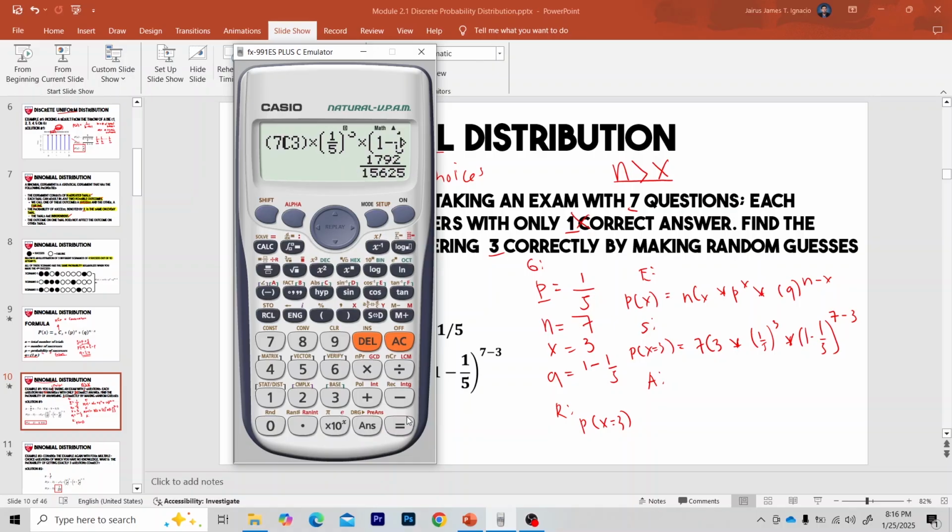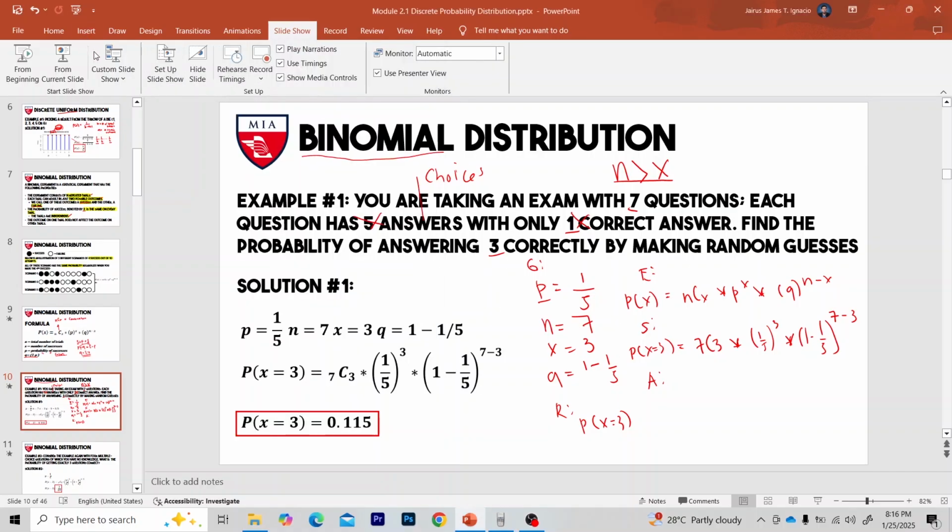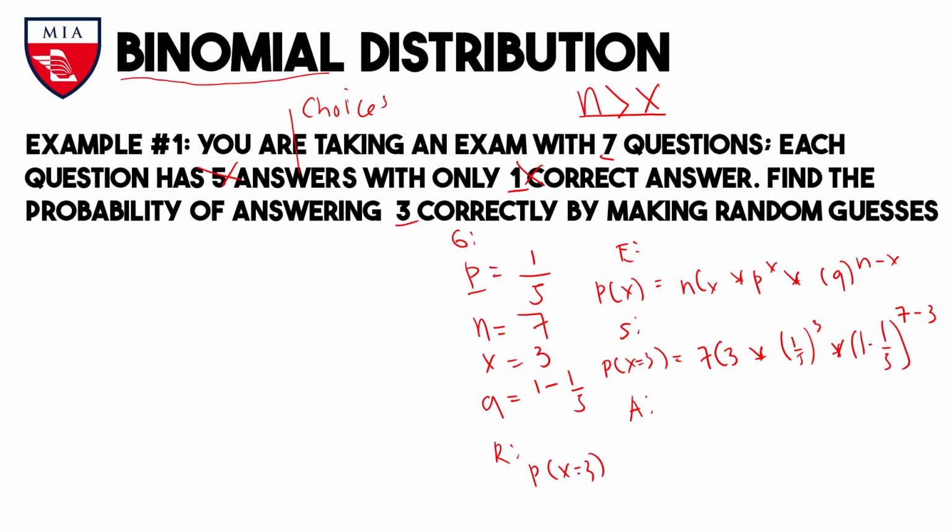So we have 1792 over 15625, or 0.115. So the answer, the probability of x is equal to 3, is 0.115. That's how we solve a certain binomial distribution problem.